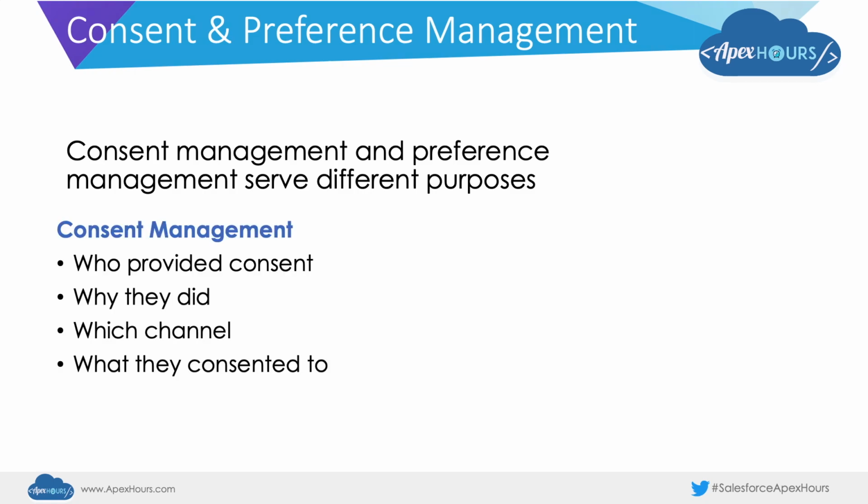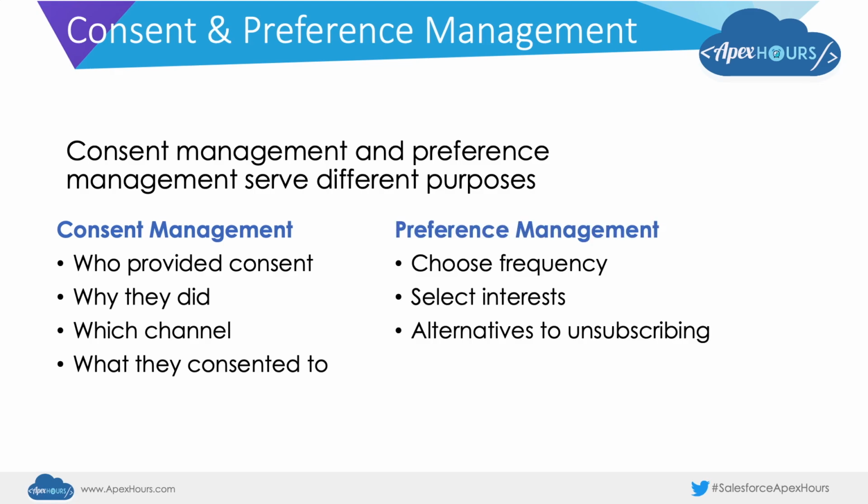Consent management determines which individuals provided consent, why they did, via which channel, and what they actually consented to. On the other hand, preference management enables individuals to choose their preferred communication frequency, interests, and alternative options to unsubscribing. However, while consent and preference management differ by function, both support each other.